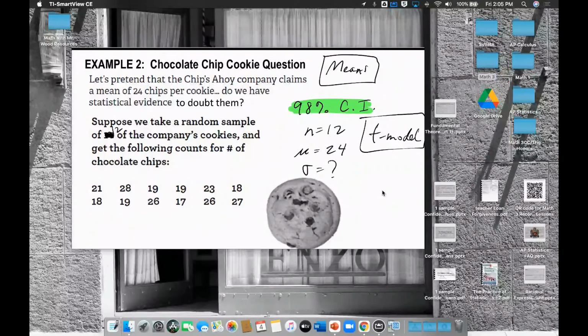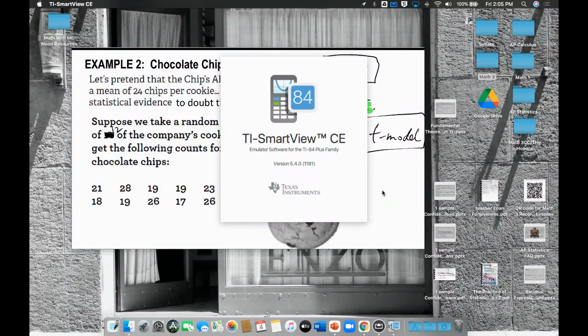Okay, so how do we graph? What do we got to do first? Stat, Edit. Good. Put the numbers in L1. That's the first step, put the data in the calculator.